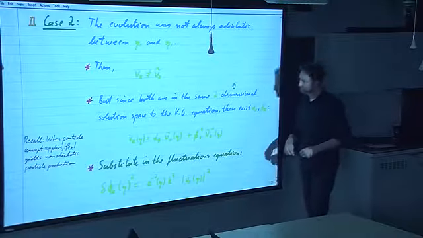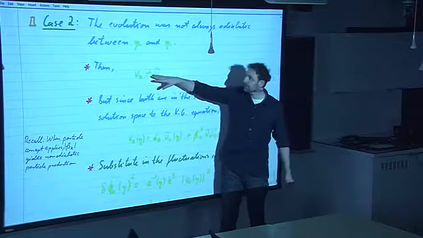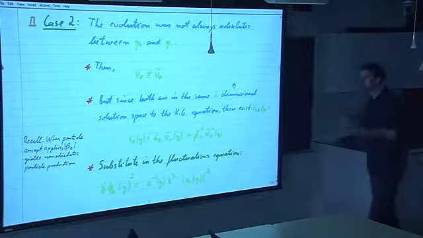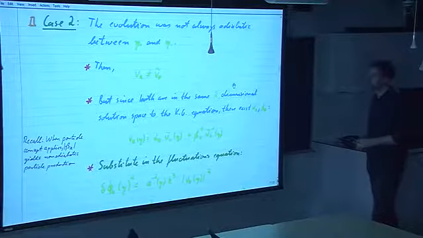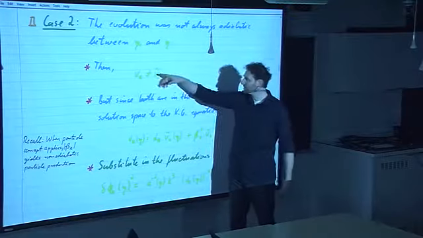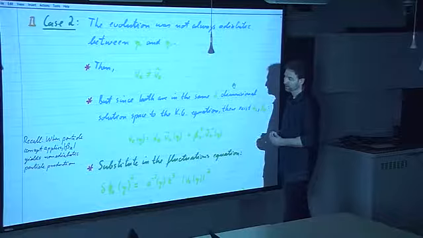However, because both have to live in the same solution space of the Klein-Gordon equation, which is only 2-dimensional per k, we must have that these can be expressed in terms of those and vice versa. As we discussed before, there has to be a Bogoliubov transformation.